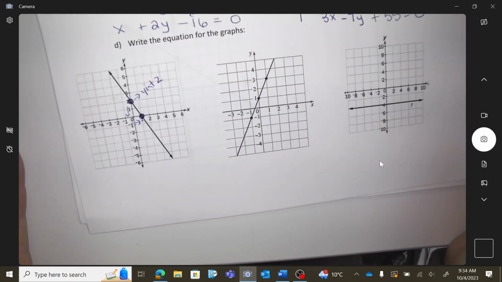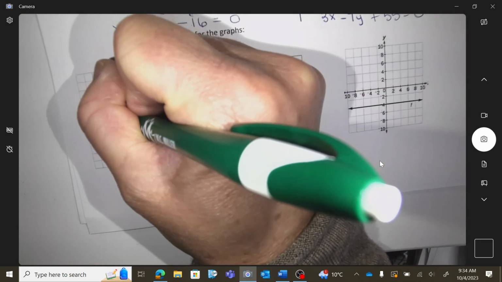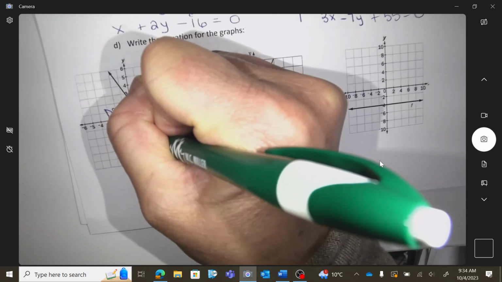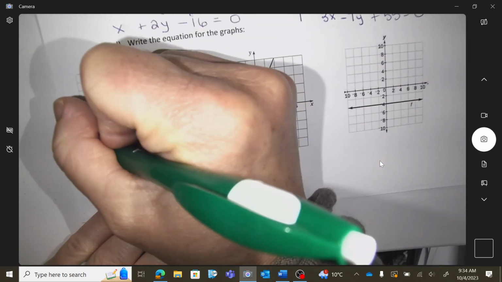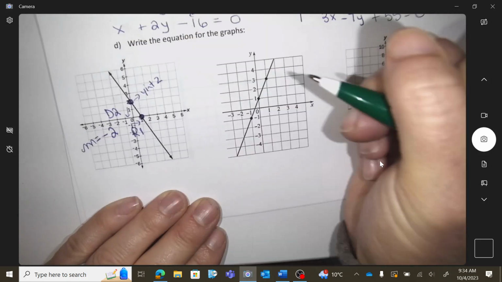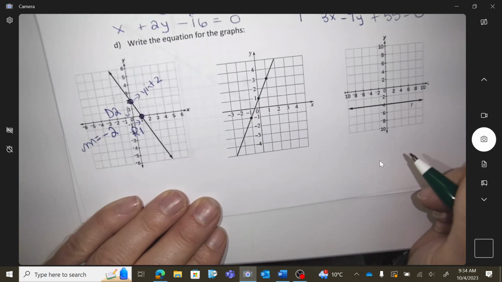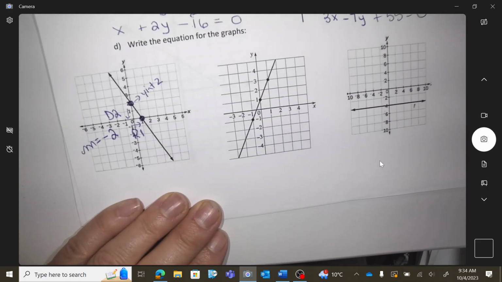So my y-intercept is 2, and my movement is down to right 1. So my slope is -2 then. Down to right 1.